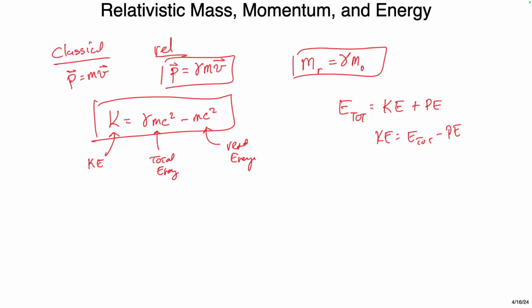Or in other words, the energy is equal to the square root of, and here's the part you want to write down, you're going to want to box, (pc) quantity squared plus (mc squared) quantity squared.